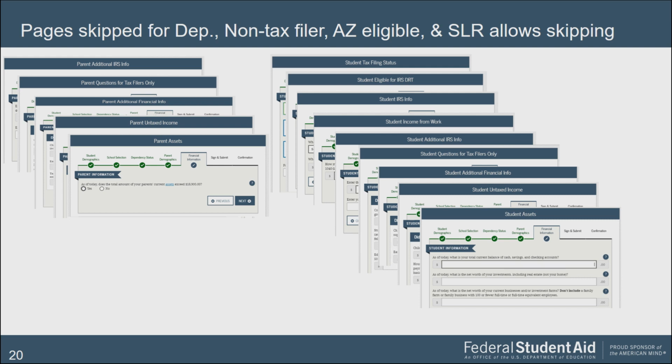However, I think we all agree that the FAFSA needs to be as simple as possible, so we're getting the right information in order to properly calculate people's eligibility and making it as easy as possible for people to complete the form. And so we built the entire electronic application around skip logic so that we keep all of the questions that are required to be asked on the FAFSA, but only present the ones that are relevant for that particular user based on the way that they have answered the other questions.